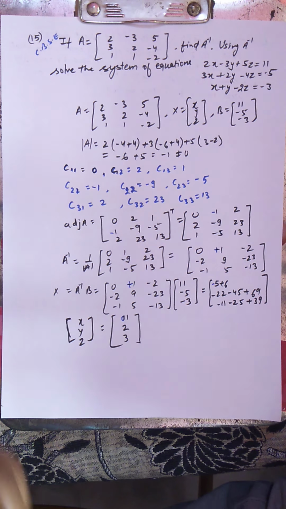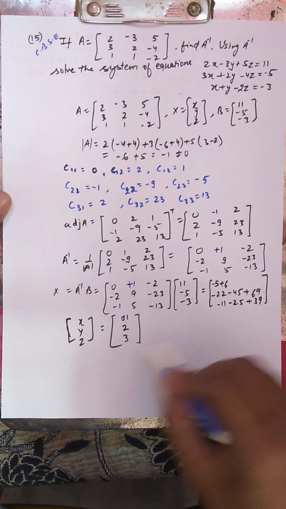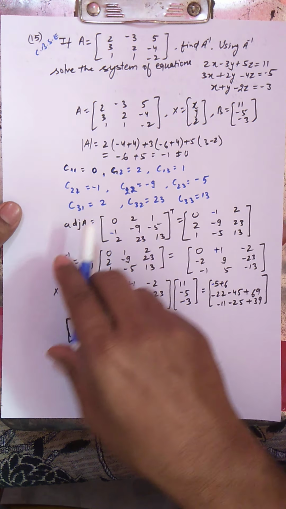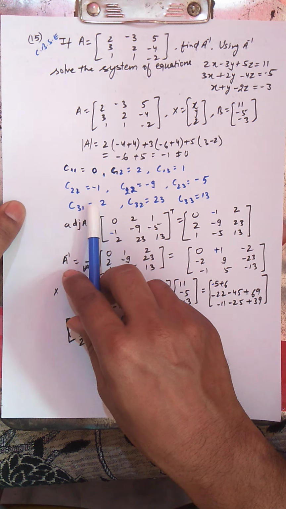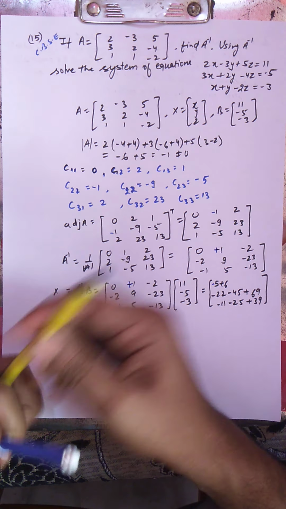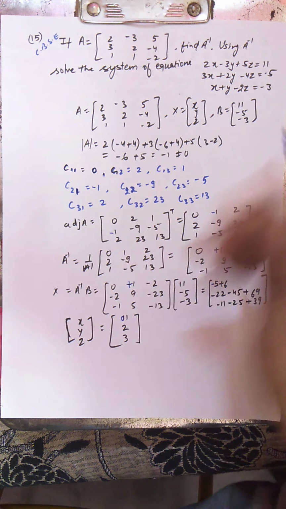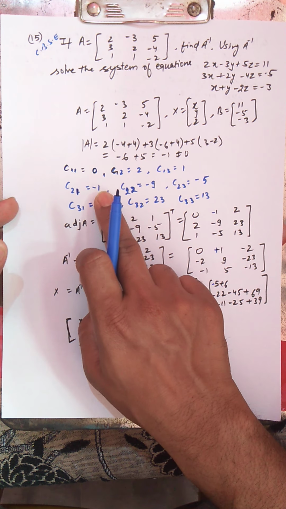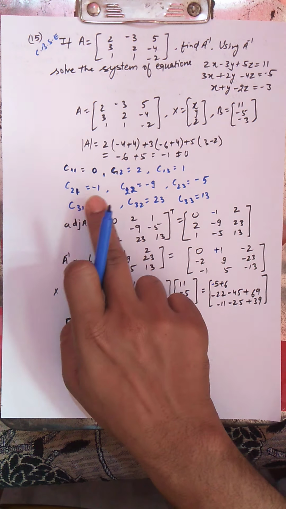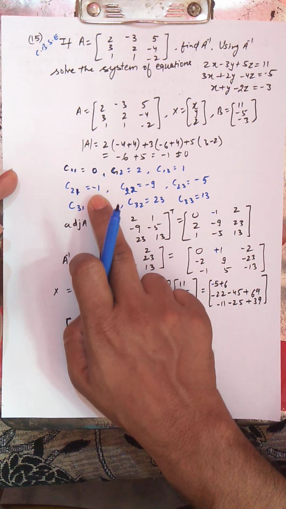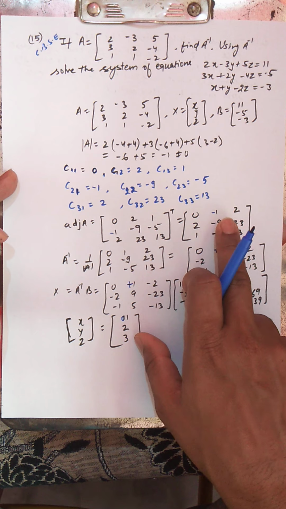When I was rechecking the answer, I found some mistake we did in this C21 procedure. This was wrongly written as C22, so it's C21. So C21 is actually minus 1. This minus 1 we missed out, and this minus 1 will be here.